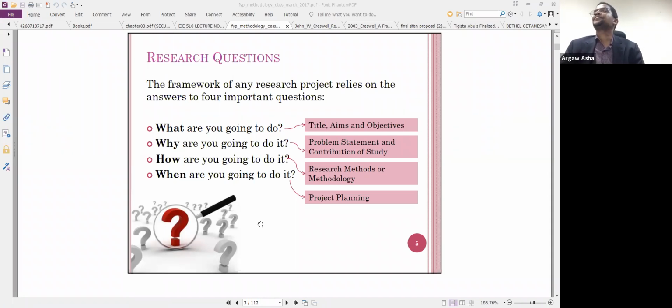The first one is, as I said in the introduction part, first you can define a title, then you have some objectives, aims, goals. That means, what are you going to do?